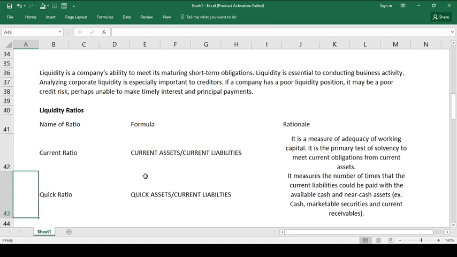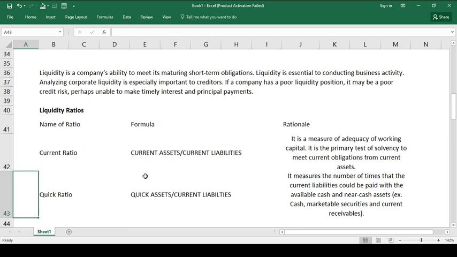Ibig sabihin, the figure of the current assets and the current liabilities are equal. If the current assets are higher than the current liabilities, obviously the current ratio will be greater than 1. And its effect will be this.